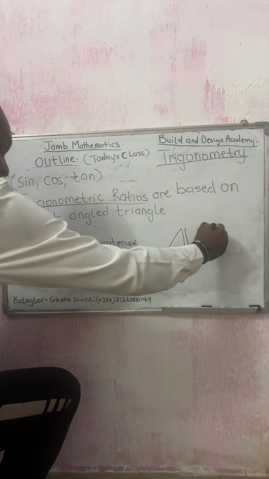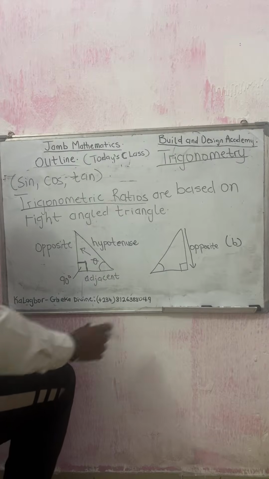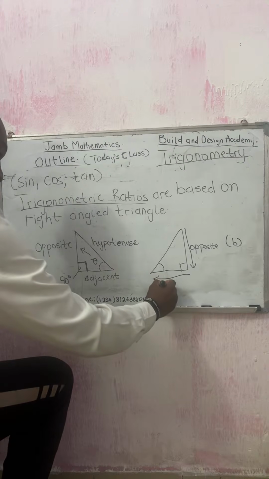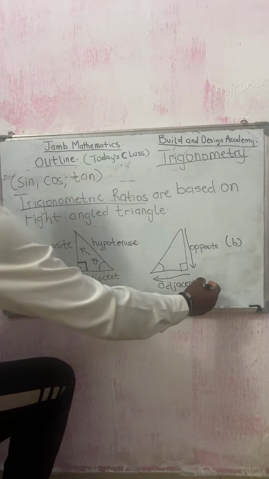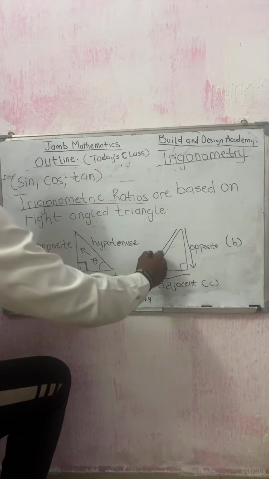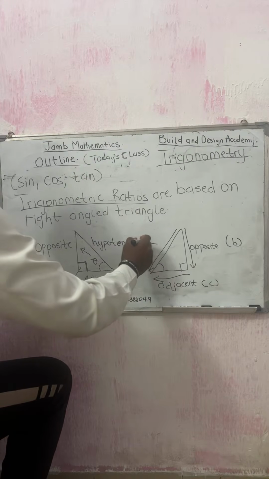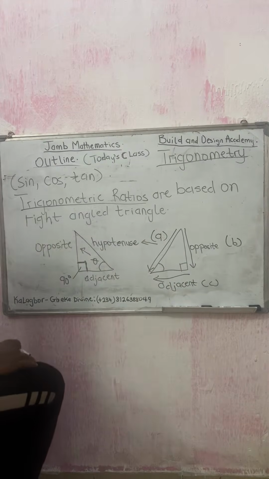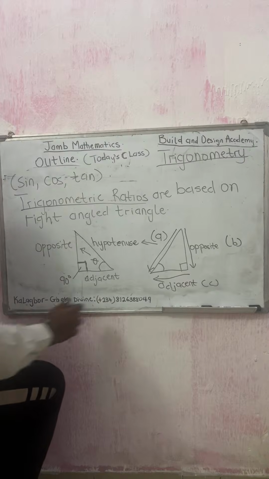Let's say our opposite is B. This side will be our adjacent, and let's call it C. Then this side will be our hypotenuse, and let's call it A. So whether the right angle triangle is facing this side or that side, it's the same thing.